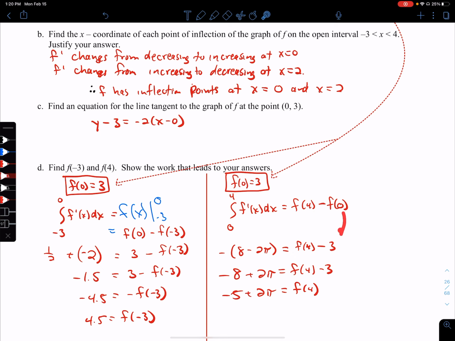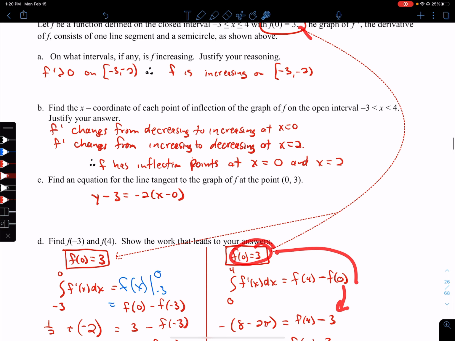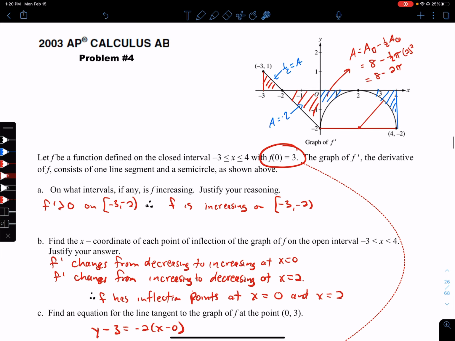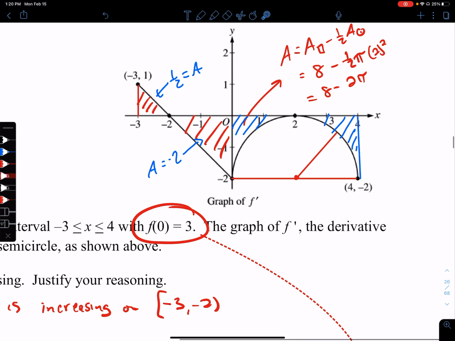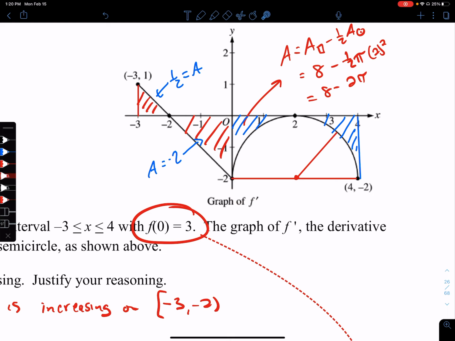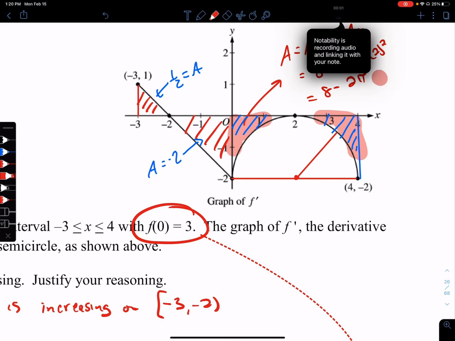We know f of 0 is 3. We were given that all the way up here. What's the area under the curve from 0 to 4? So let's examine that. Here is the area under the curve from 0 to 4. What we have is this weird shape right here, which we don't know how to find the area of.